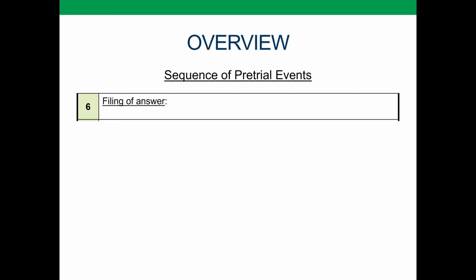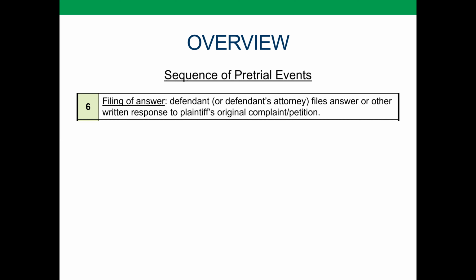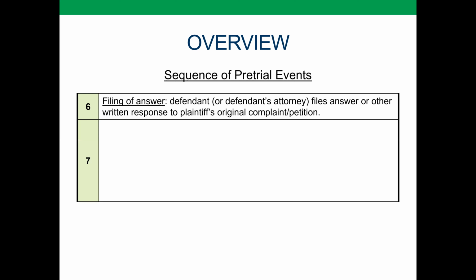We'll talk about the two options the defendant has in the next lecture, but usually that document is called an answer. That's simply the defendant's written response to the plaintiff's complaint or petition that the defendant files with the court clerk. And there's a strict deadline for filing that we'll look at later.